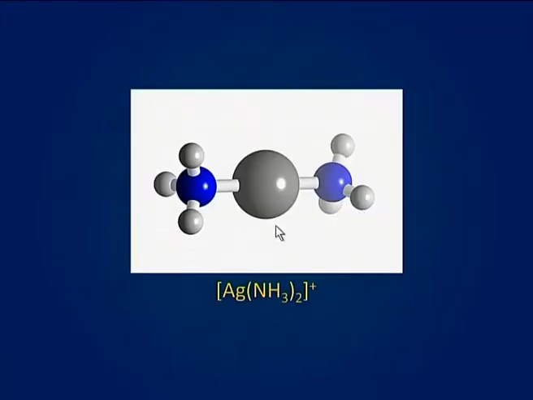Here you can see a linear structure with the complex [Ag(NH3)2]+. Here is the silver metal ion attached to two ammonia ligands. These are two coordinate bonds and the structure is linear with ligand metal ligand bond angle equal to 180 degrees.